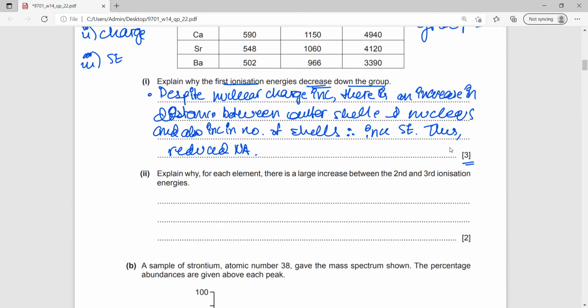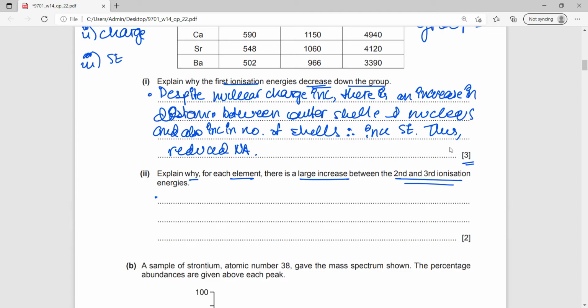Explain why for each element there is a large increase between the second and third ionization energies. So group 2 has 2 valence electrons, 2 electrons in its outer shell. So why is there a huge increase between the second and third ionization energies?